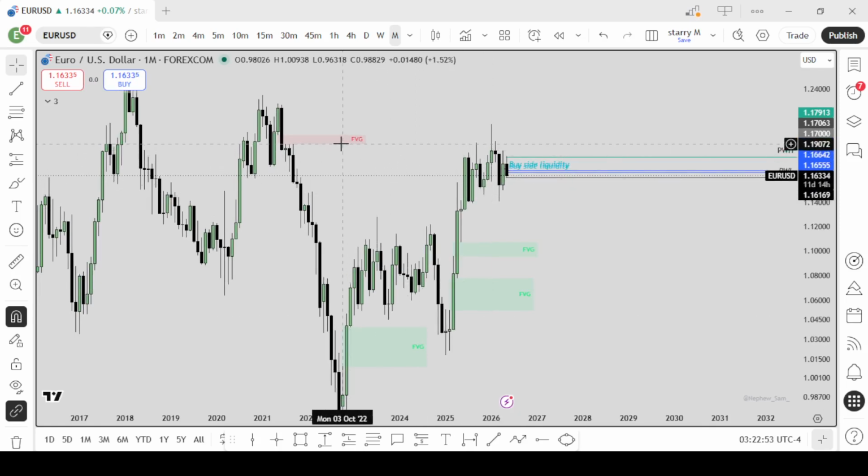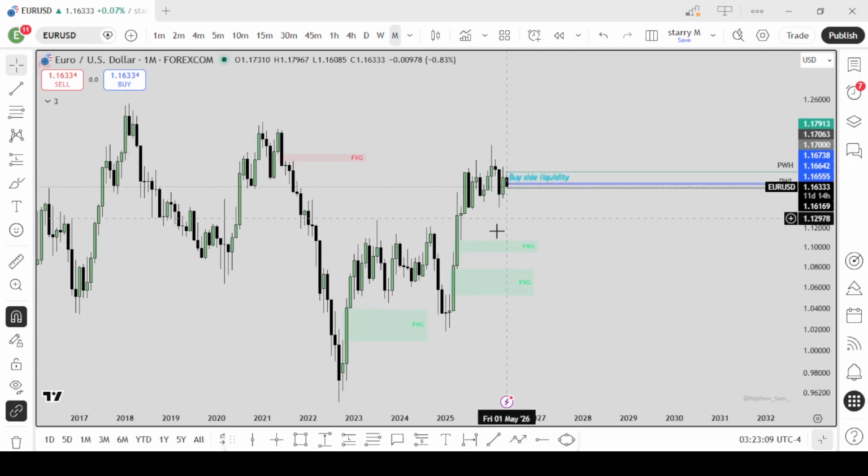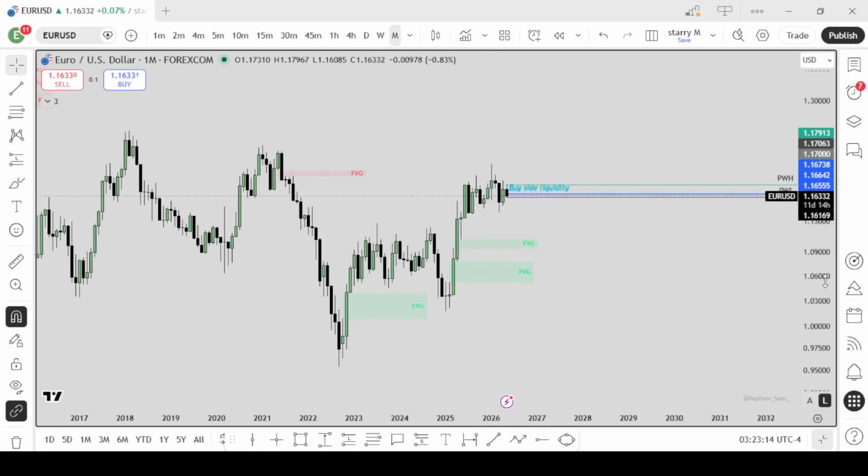So on the monthly, we see we've mitigated this, and now we took this high, the liquidity of this high, and then took this low, and we are currently selling towards most probably this fair value gap, because you can see this is our range. Our monthly range is this one, and we came to the optimal range. We came and mitigated this fair value gap, and now we are going down.